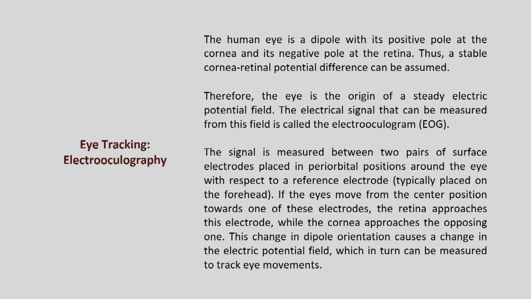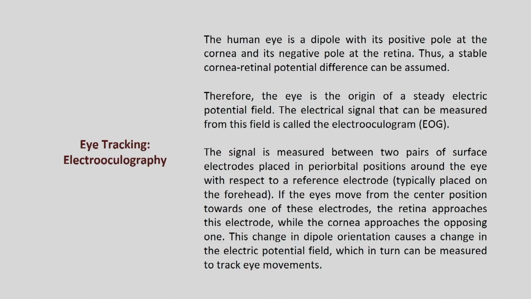Now, we had videooculography, and here we are talking about electrooculography. It is again about changes in polarization. The human eye has a dipole, with the positive pole at the cornea and the negative pole in the retina.